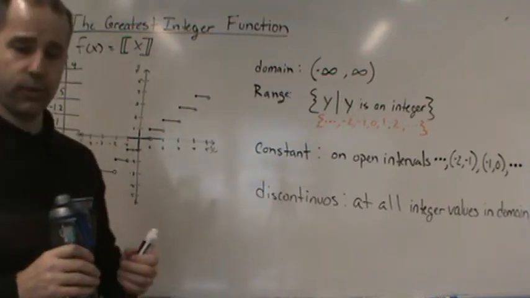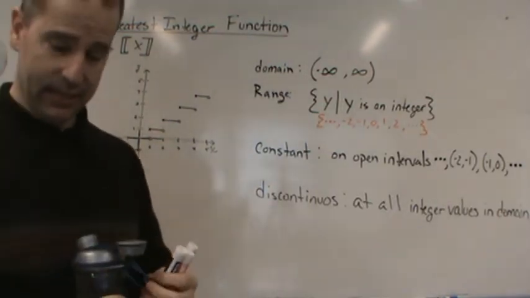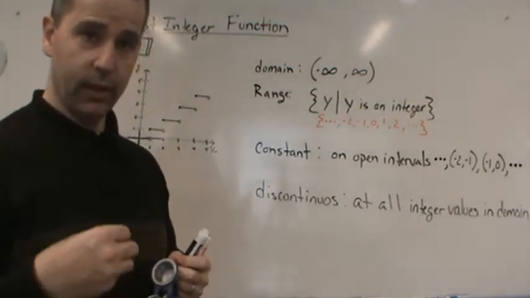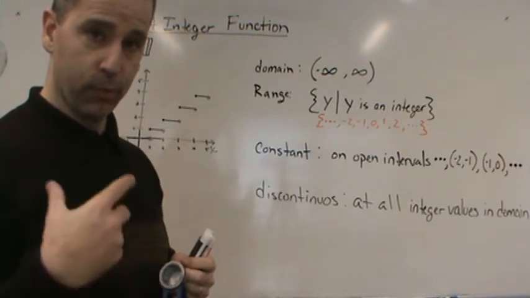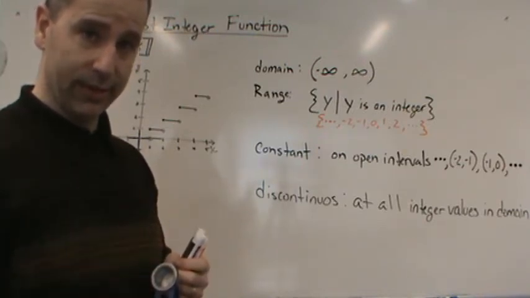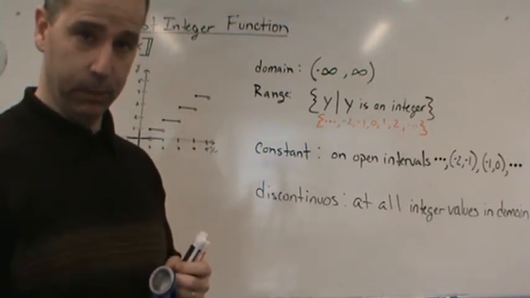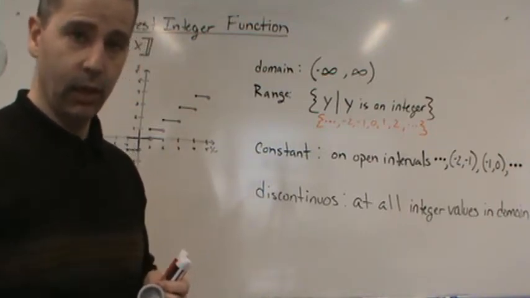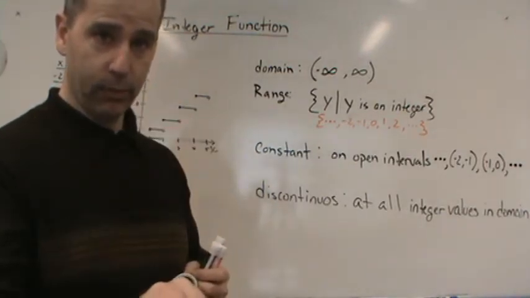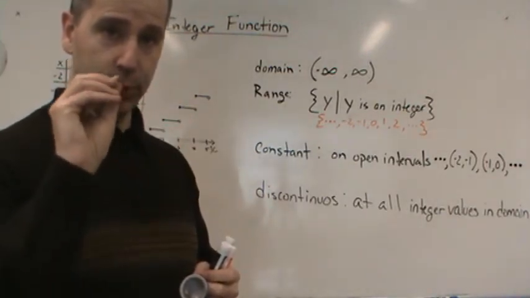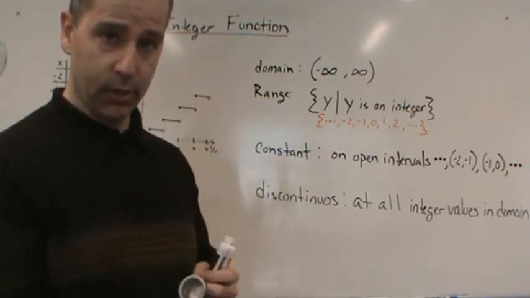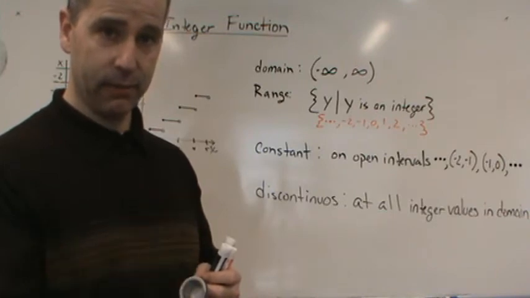The greatest integer function says whatever value of x you put into the function, it will produce the largest integer that's less than or equal to that value. Let me repeat that. It takes whatever x value you put in and spits out the largest integer that's less than that value.